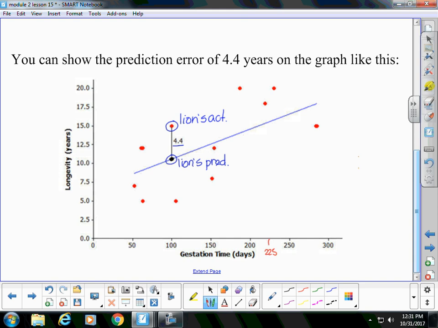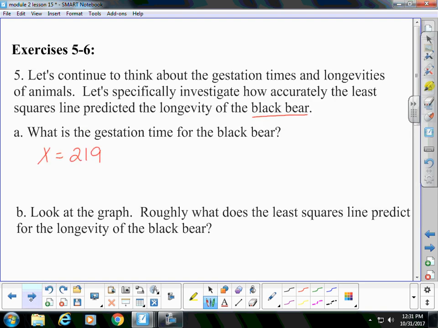So I'm thinking this point right here is the black bear. If I were to go straight down, it says approximately where does that line look like it's at? It looks like it's roughly at about 15. That's my rough estimate.